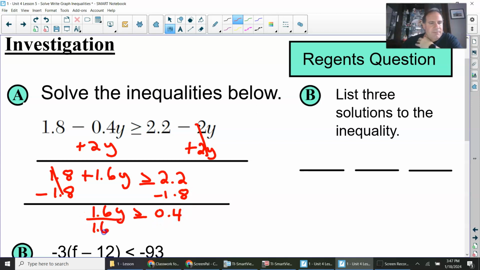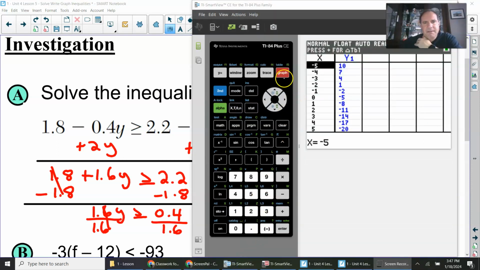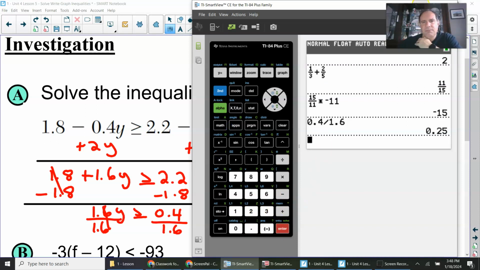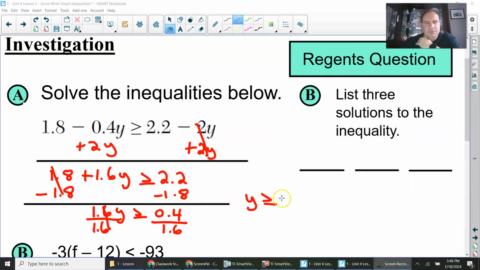And you divide by 1.6, you divide by 1.6, just as if you were solving an equation, and you get 0.4 divided by 1.6. And you get 0.25. So y is greater than or equal to 0.25.